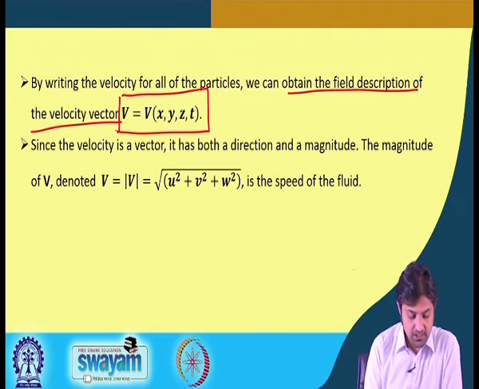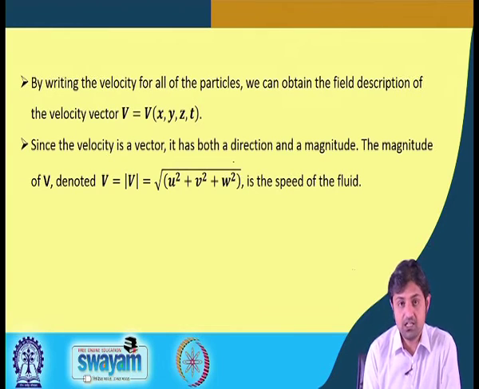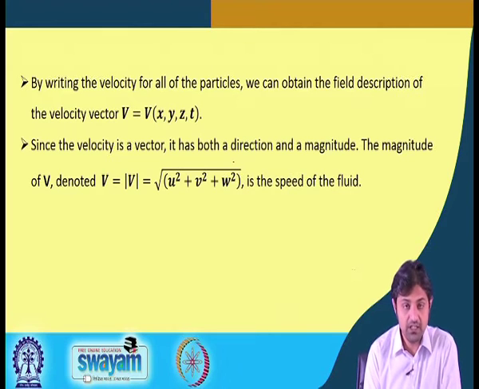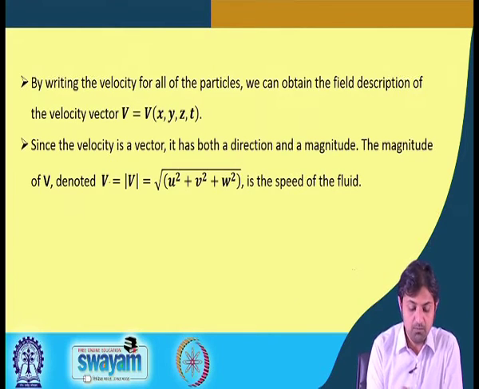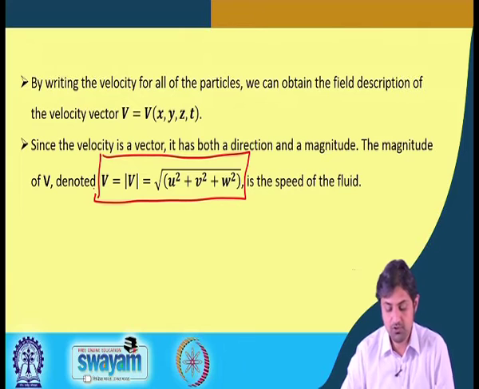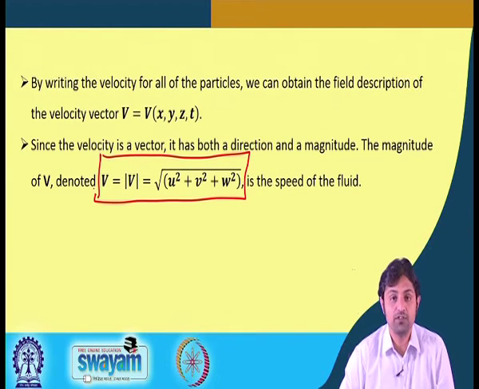Since the velocity is a vector, it has both a direction and the magnitude. This is the basic concept that you know from before. The magnitude of V is given by modulus of V equal to the square root of u squared plus v squared plus w squared. This is simply nothing but the speed of the fluid.